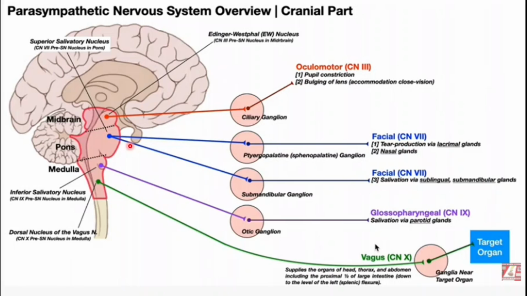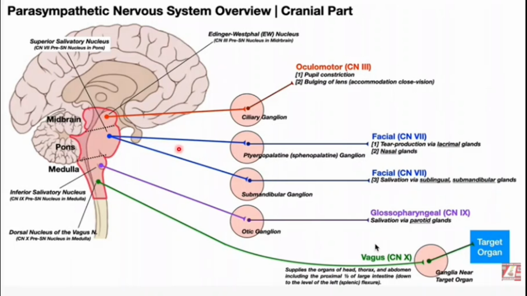Similarly, the facial nerve from the superior salivatory nucleus will form synapses in two ganglia. One is known as the pterygopalatine ganglion, and the postganglionic neurons from the pterygopalatine ganglion will then innervate the lacrimal glands, which are responsible for tear production, and also some nasal glands which make the nasal cavity moist.